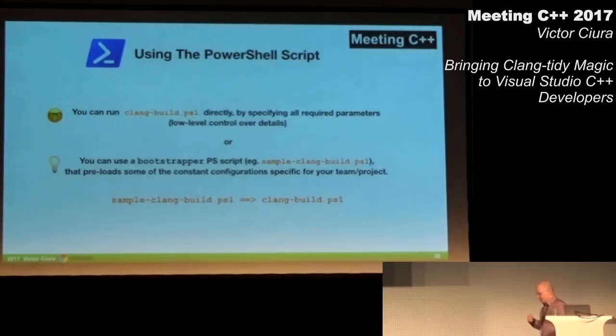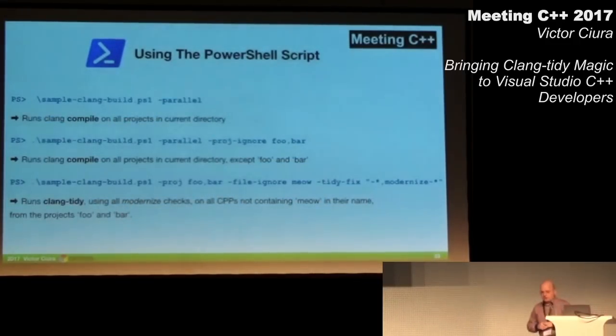But this main script we basically developed for automation, and we consider it a little difficult to use, with too many knobs. So we developed something we call a bootstrapper script that is much easier to use and calls the other script. This is where you can intervene and customize the bootstrapper script with custom configurations for your project or your team.